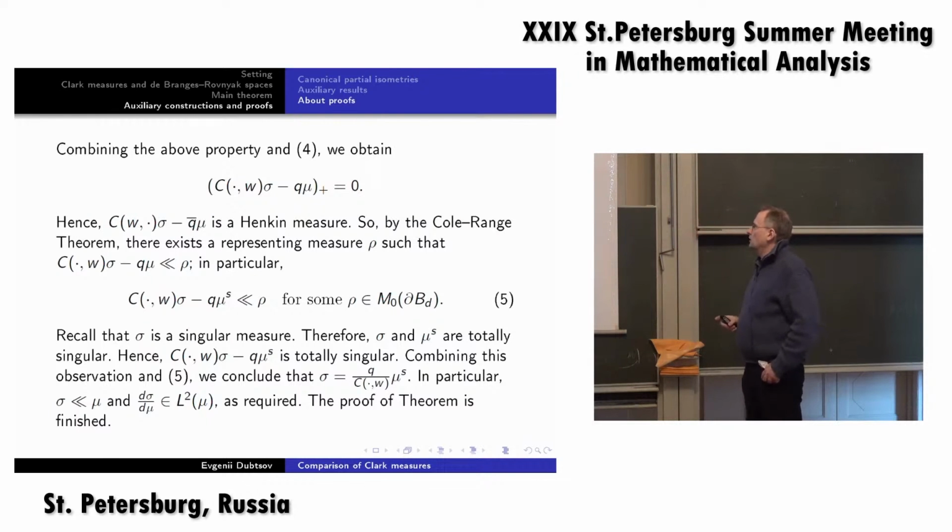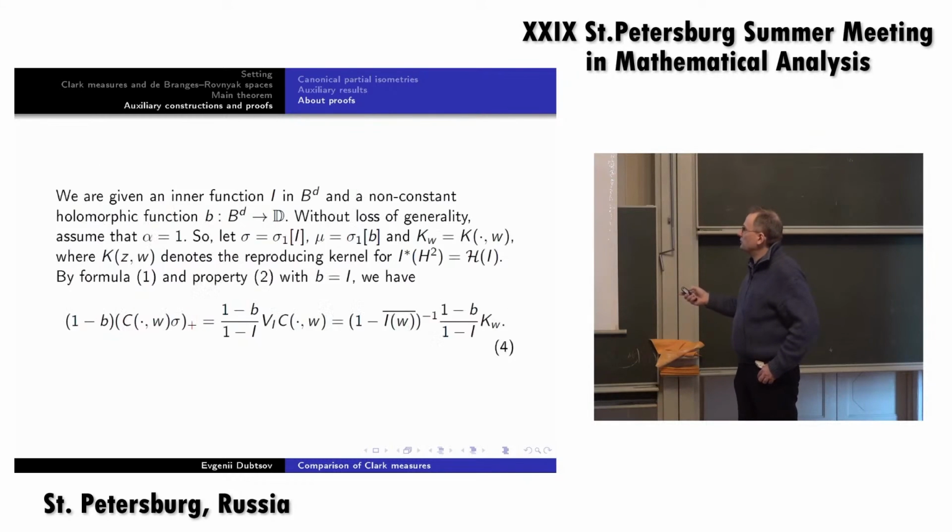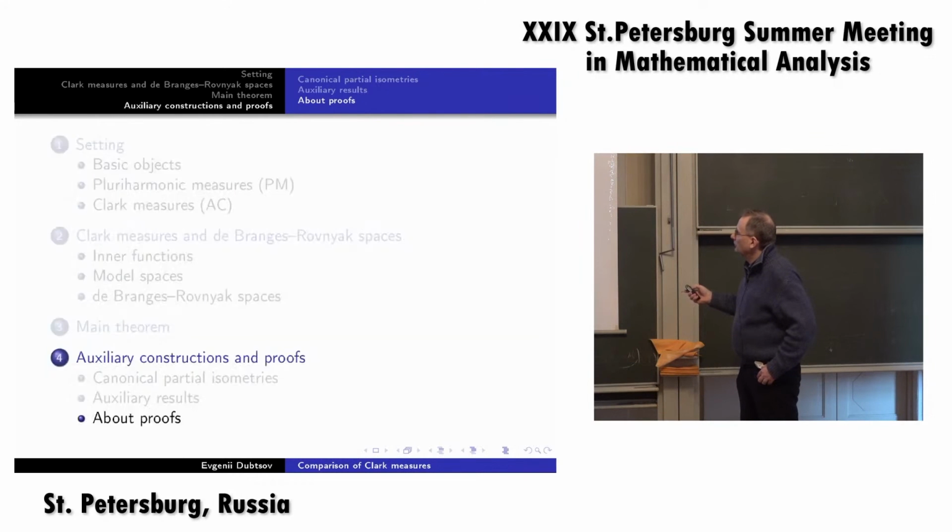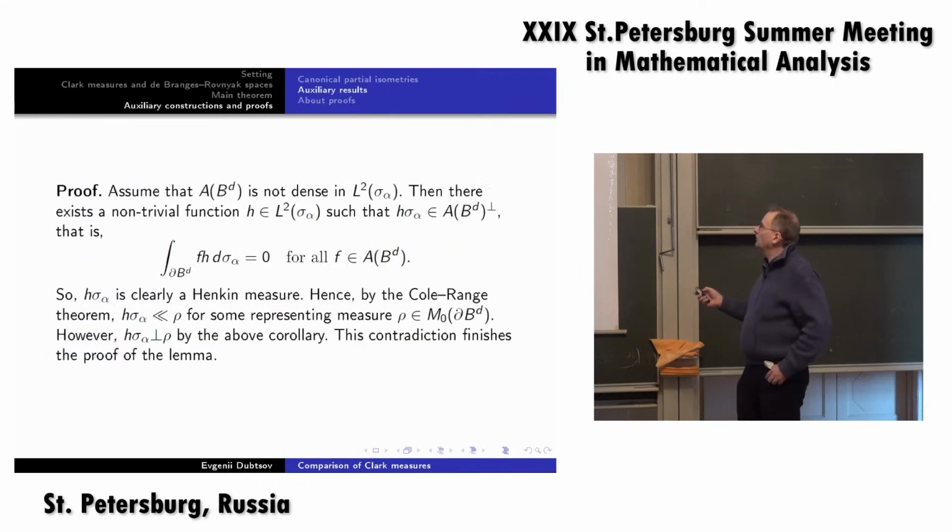We see that the Cauchy integral of a certain expression, of a certain measure, is 0. This implies that this is a Henkin measure. The definition of a Henkin measure is here.